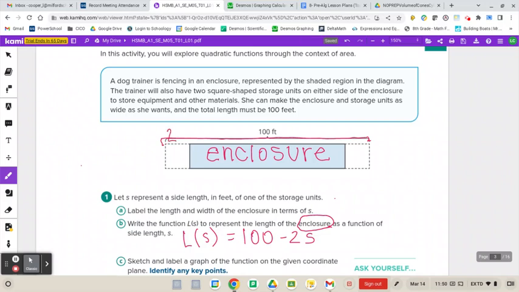Let's say this was 25 and this was 25. What would my enclosure length be? 50. Does that make sense to you? And that could be different. Now, this could be 30 and 30. What would this length be? 40. Does that make sense? So that's exactly what you guys did. You just came up with that. That was great. Are we good so far? Okay. So we found that, which is nice.